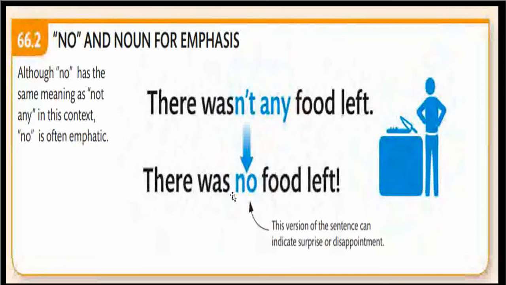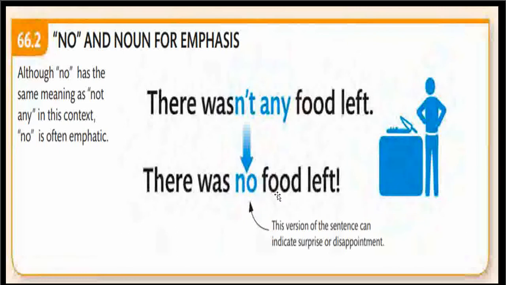Now, the word no can be replaced, as I mentioned earlier, with not any. There was no food left. Instead of saying there was no food left, you can say there wasn't any food left. Or instead of saying there wasn't any food left, you can say there was no food left. It's a substitute of the previous sentence, and for emphasis, you say no.